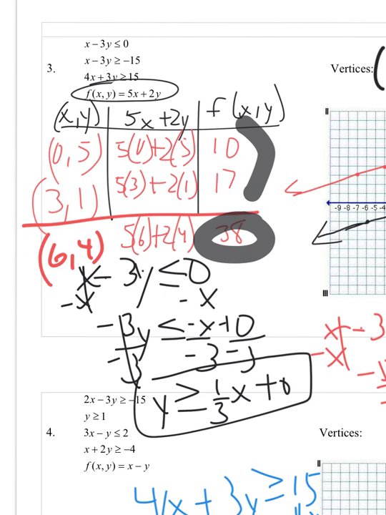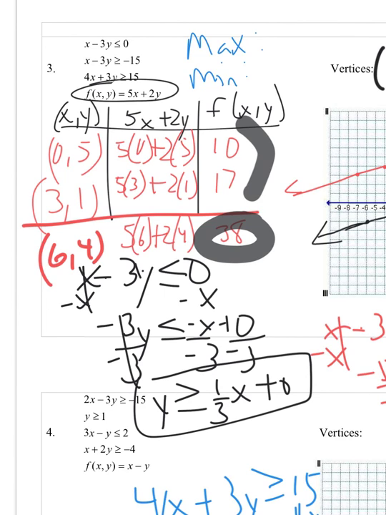And as we keep picking points further and further out that way, it's going to keep getting bigger. So we need to identify a max and a min, our biggest and lowest values. Problem is, this one is unbounded and it's going to keep getting bigger as I go infinitely out that way.